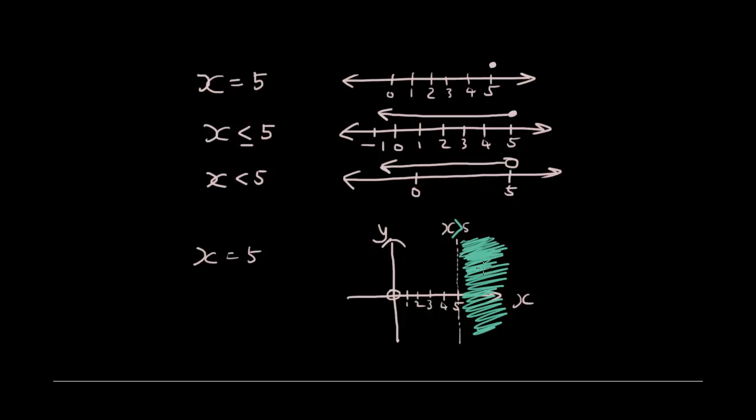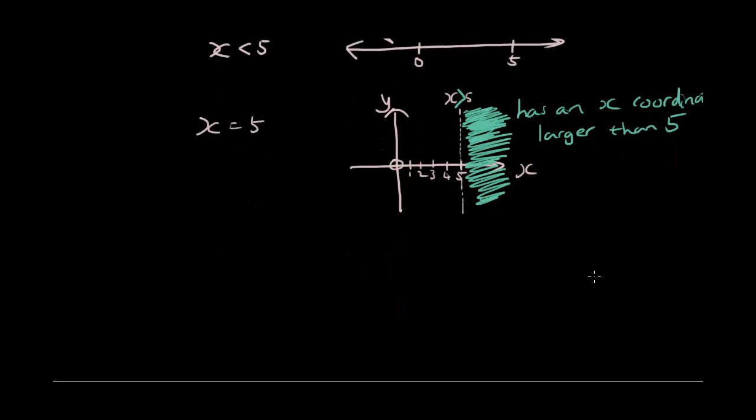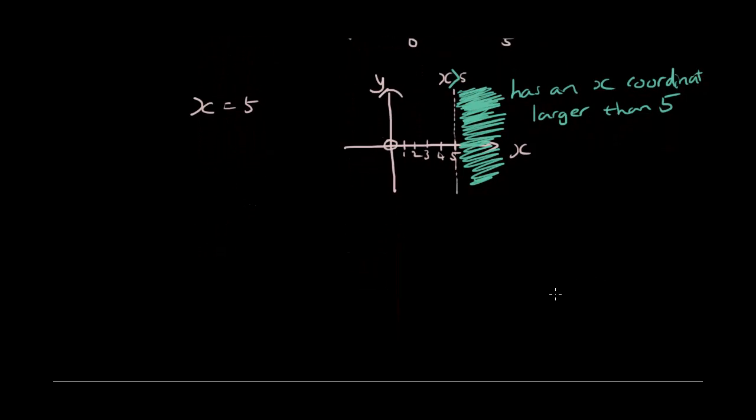The reason why you would highlight that area is because anywhere to the right hand side of this line has an x coordinate larger than 5. All the highlighted areas. So that's how you graph an inequality.